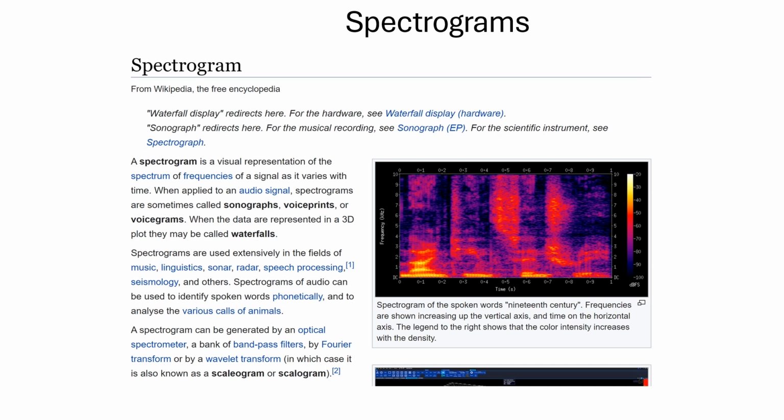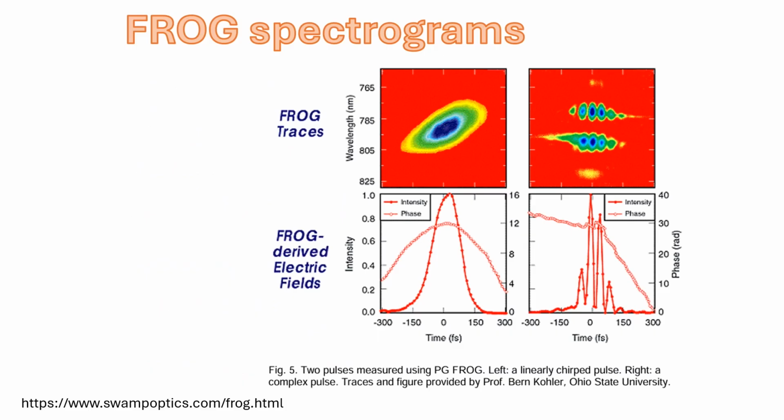Back in episode 36, we considered spectrograms in the context of frequency-resolved optical gating as a method for characterizing ultrafast pulses that are modulated by some kind of nonlinear interaction.